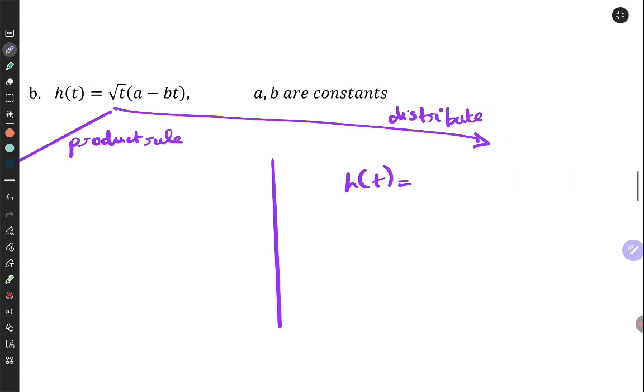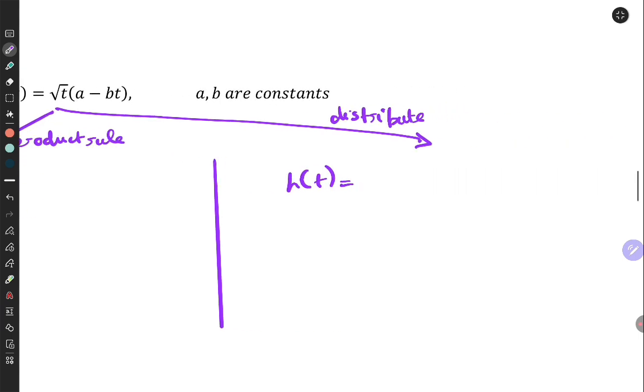Okay, now back to number 3. Two minutes up. What do you have? Distribute first. Take your time, distribute first.